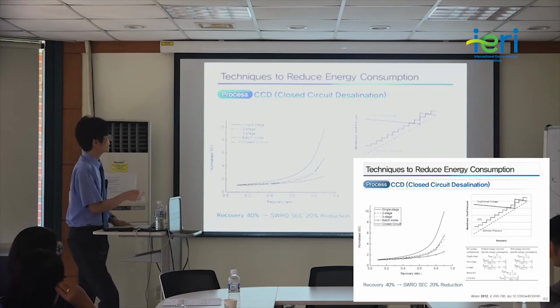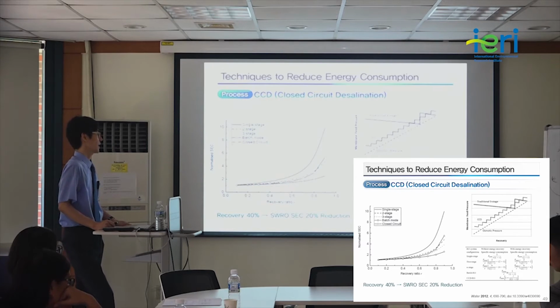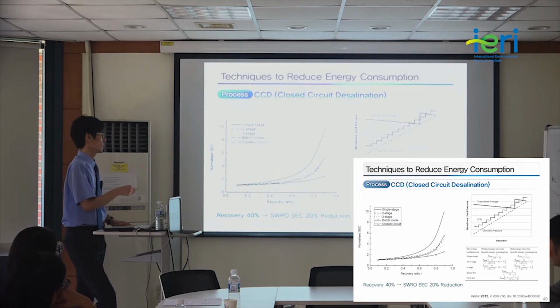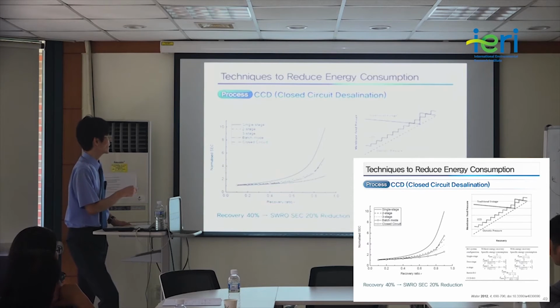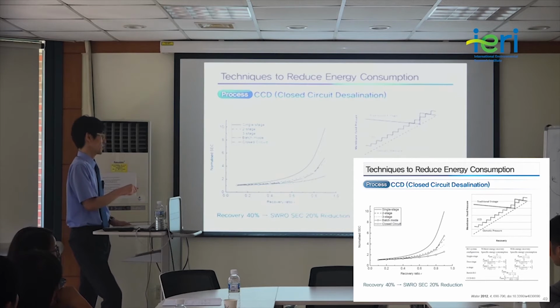So this is just a summary of the slide. If we compare the closed circuit and two-stage or three-stage, single stage uses the highest amount of energy, but with closed circuit or two or three stages, we can reduce the energy consumption.